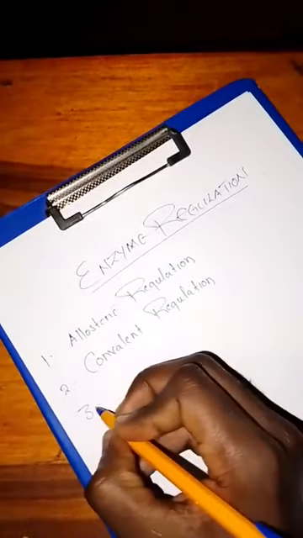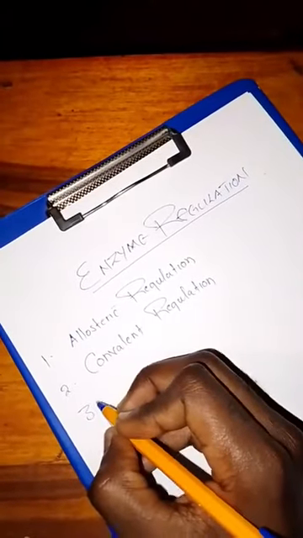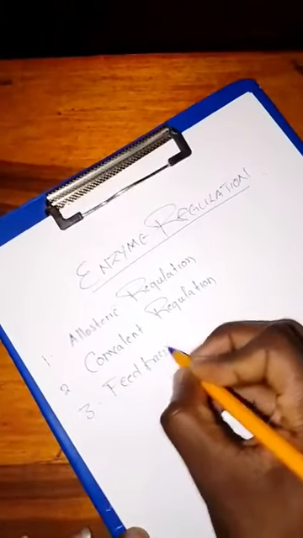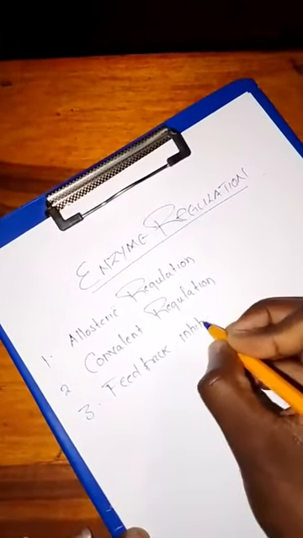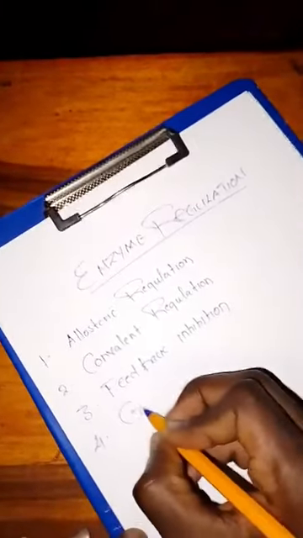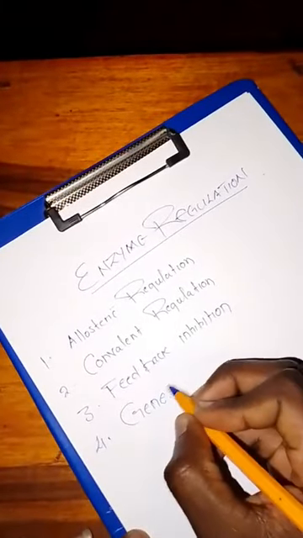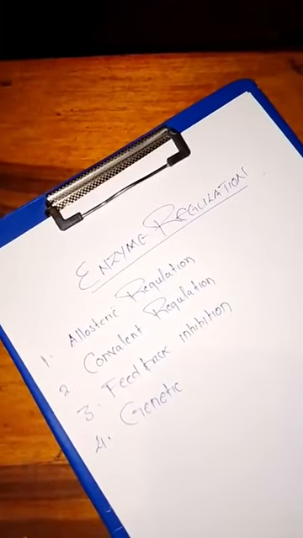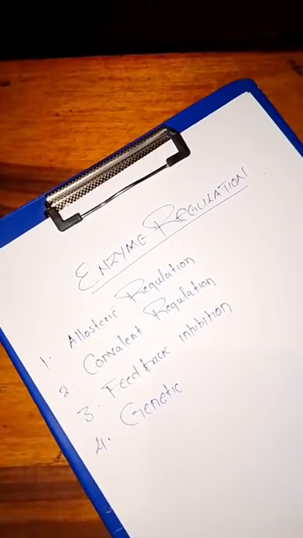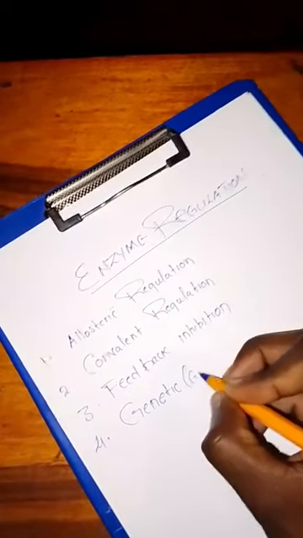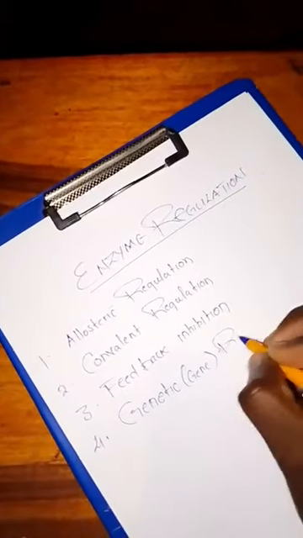Then we also have what we call feedback inhibition. Then the last one that we call genetic regulation, or gene regulation of an enzyme.